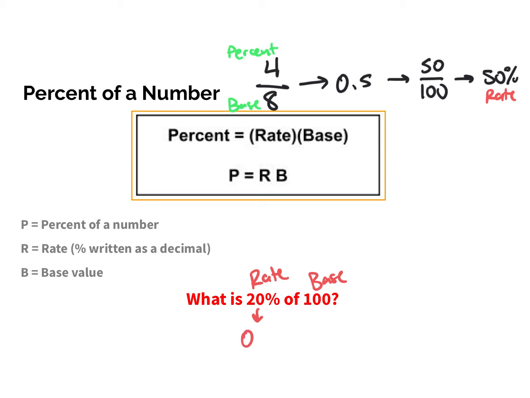So 20% would be 0.20, or just simply 0.2. If I multiply that by 100, that would give me my percentage, which in this case would be 20. So we could say that 20 is going to be our percent based on the rate of 20% and the base of 100. So the way we're going to look at it today is based on the rate and the base in order to find the percent.